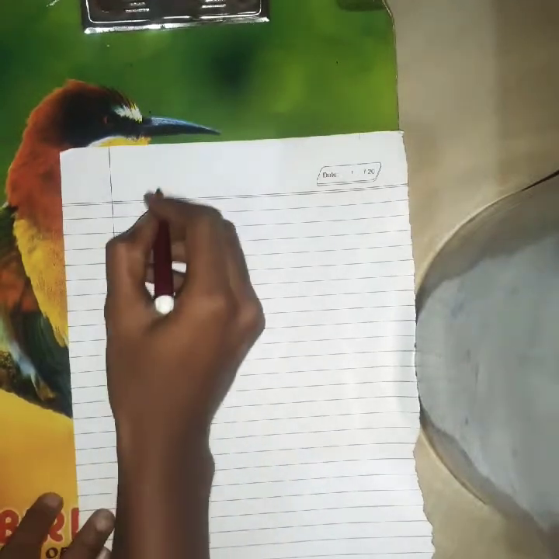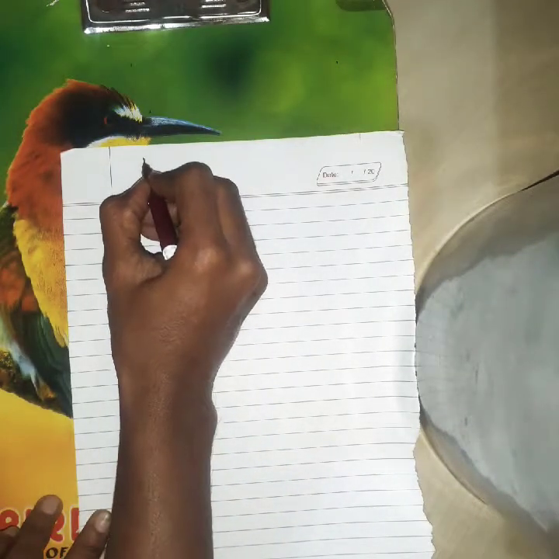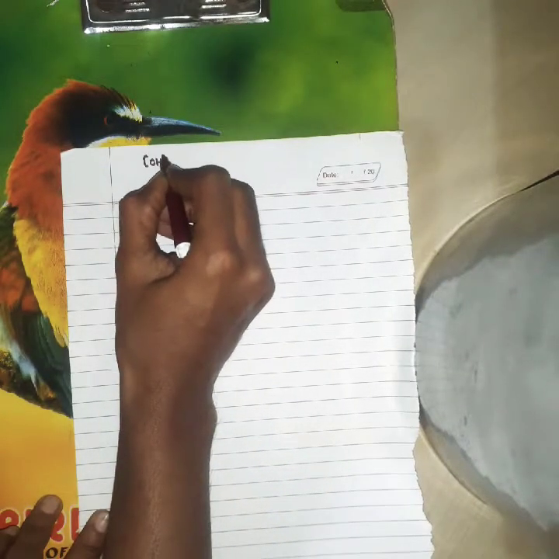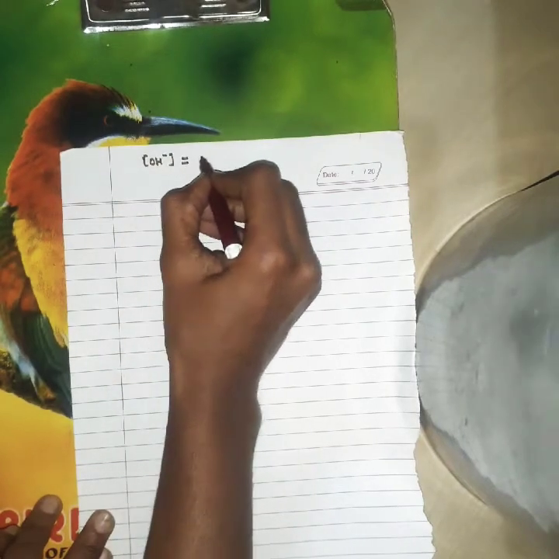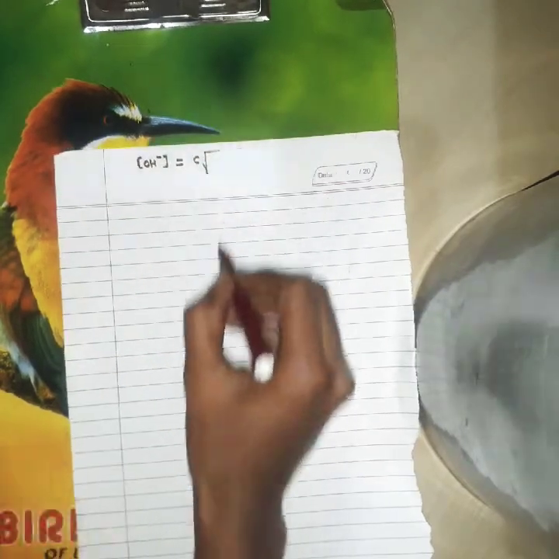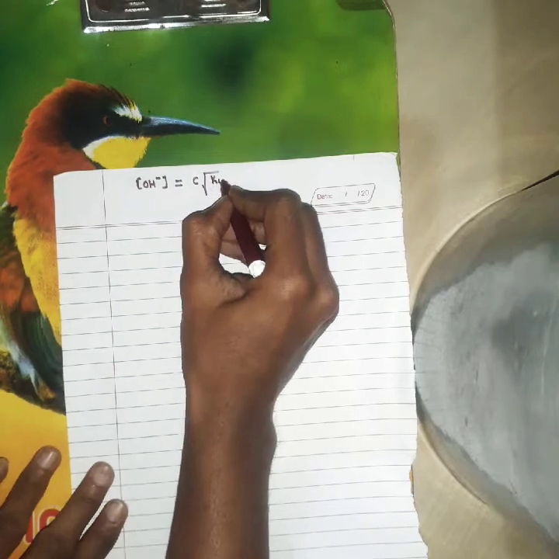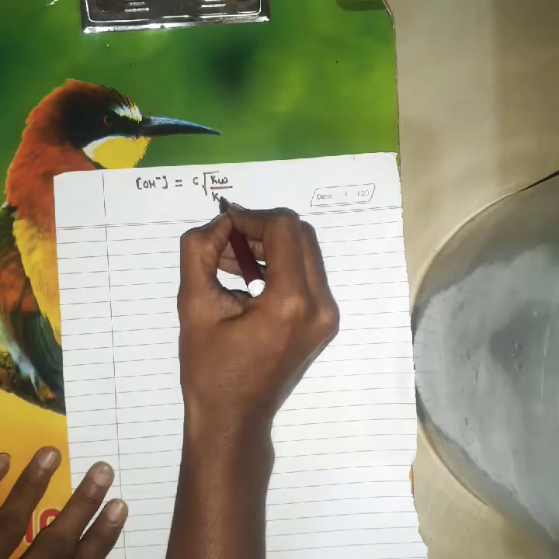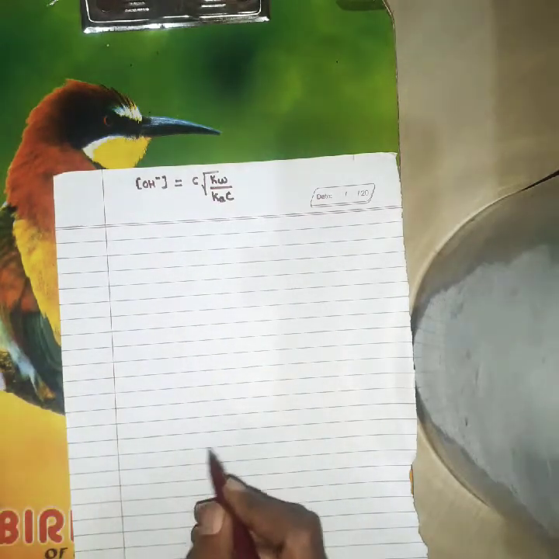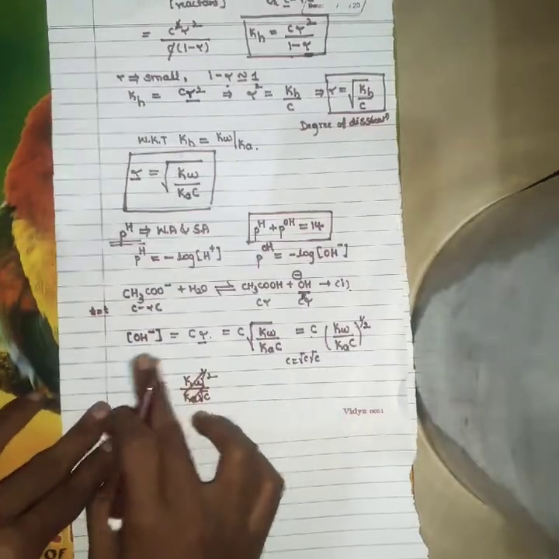See here. The concentration of OH minus is equal to C into square root of Kw divided by Ka into C. This is your expression. See the last equation.